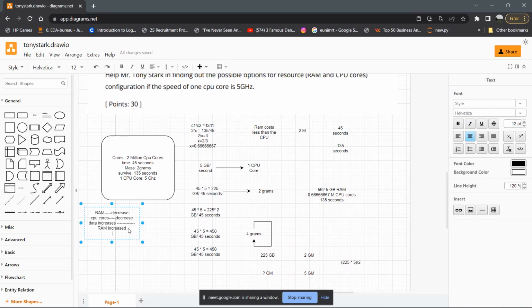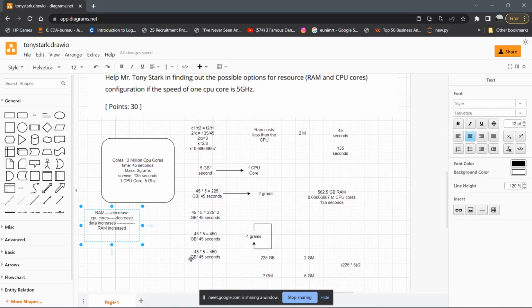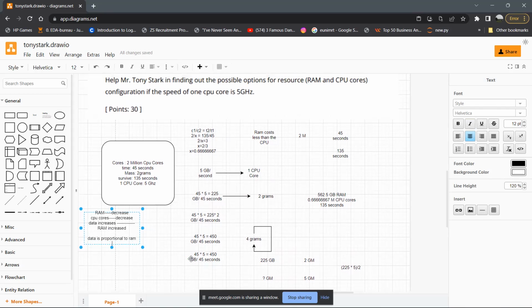Where both are increasing, it is the direct proportional relation. Data is proportional to RAM: if you have data 1 and data 2, data 1 divided by data 2 will be equal to RAM 1 divided by RAM 2 directly.